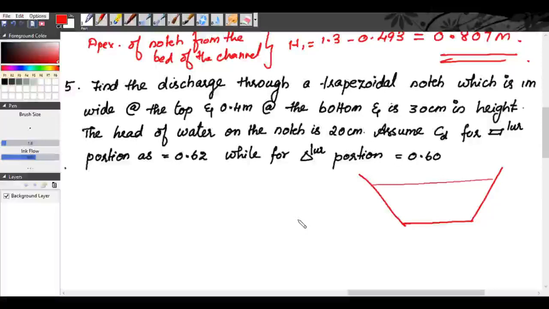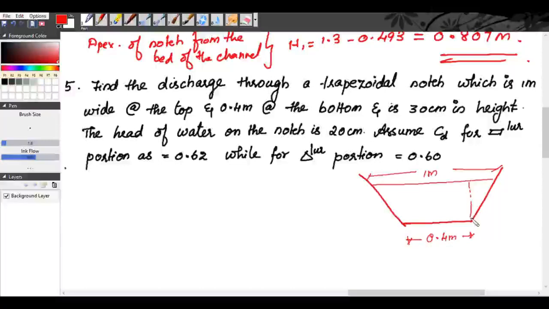And 0.4 meter at the bottom, and at the top it is 1 meter.